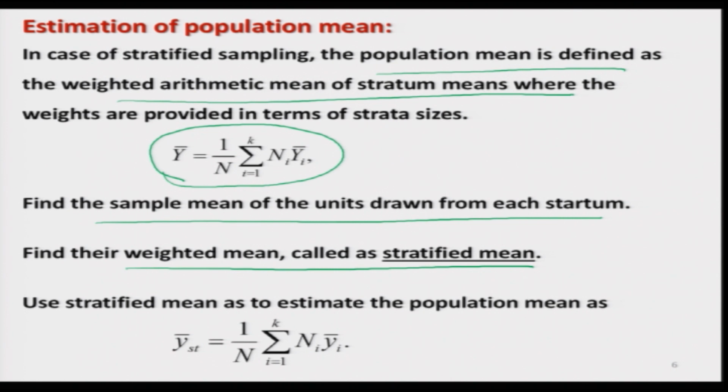The stratified mean is defined as y bar st, which is 1 upon capital N, summation I goes from 1 to capital K, capital Ni times y bar I. So here the weights are obtained using the size of the stratum, Ni divided by N.